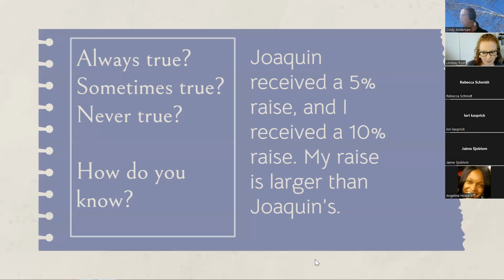Well, what is 10%? If I have 10% of $400 versus 5% of $50,000, it's not always going to hold true that the higher percentage is the bigger number. I have to be talking about the same whole.